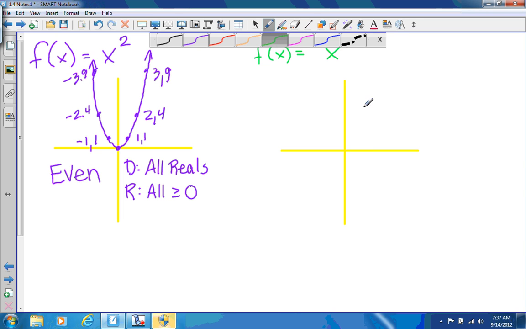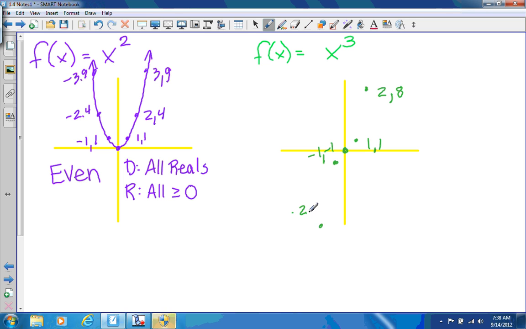Next we move on to x cubed, which still contains 0, 0. It has 1, 1, 2, 8, 3, 27, negative 1, negative 1, negative 2, negative 8, negative 3, negative 27, and so on and so forth.